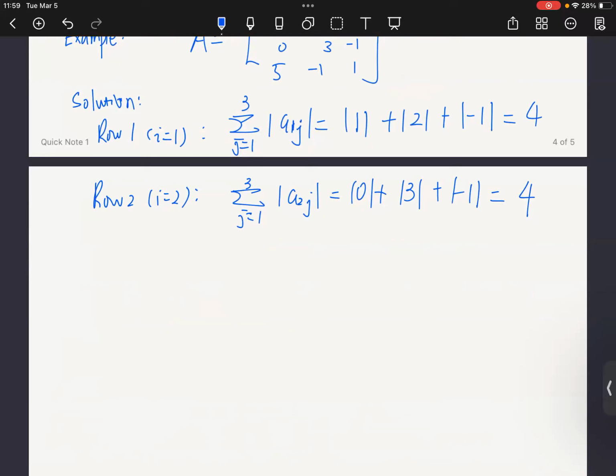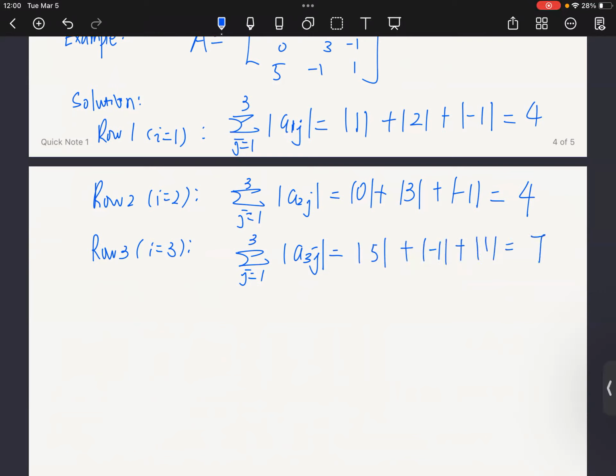And for row 3, now this one is I equals 3, and we do the sigma sum, and it's just all the elements in the third row, which is 5 plus -1 plus 1, with absolute values, and it's just 7.